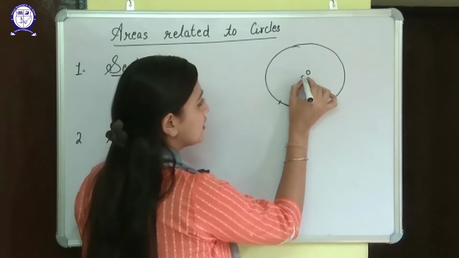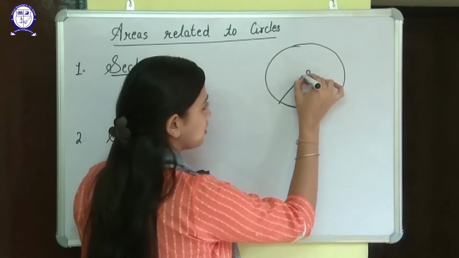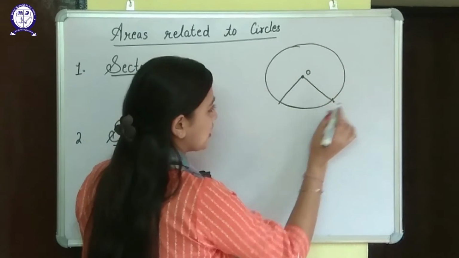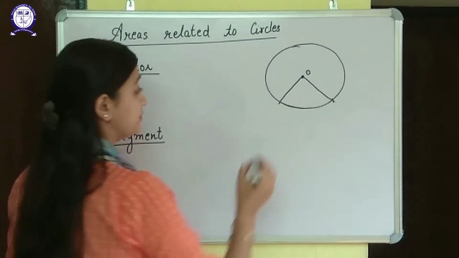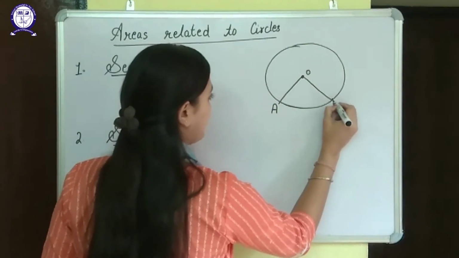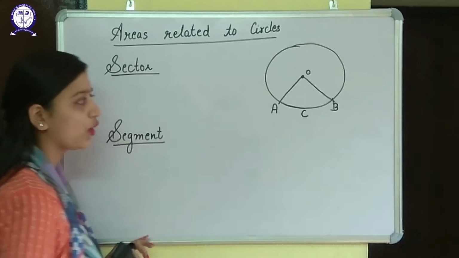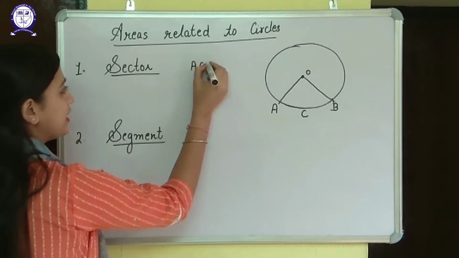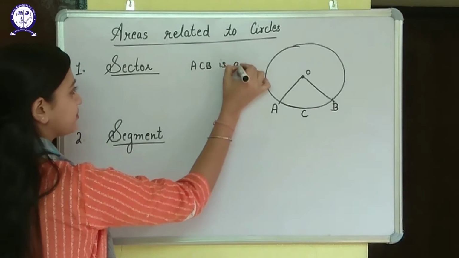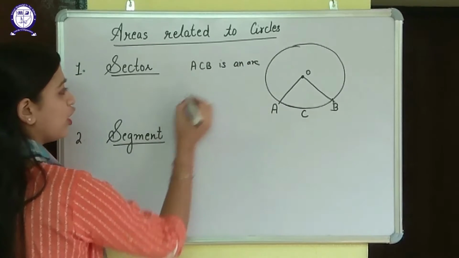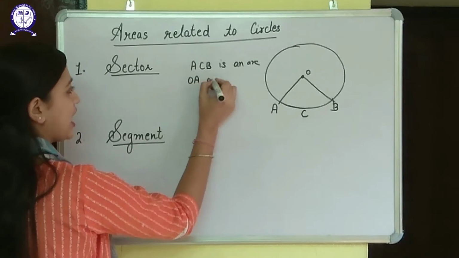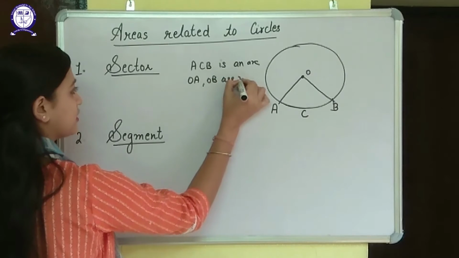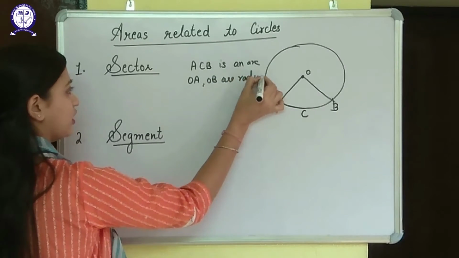And I join these 2 points with the center. Okay, its name is A, B and C. Okay, so ACB is an arc, OA, OB are radius of this circle.